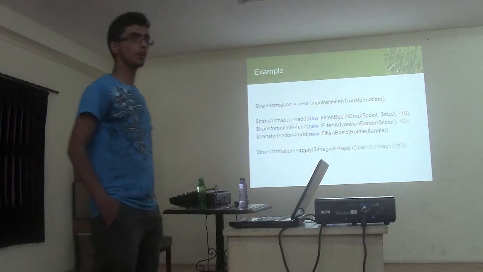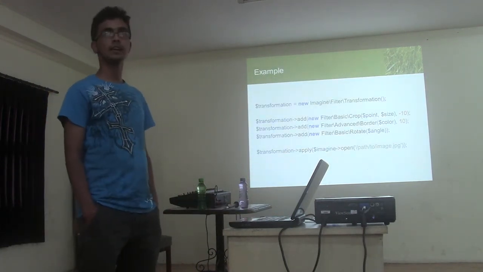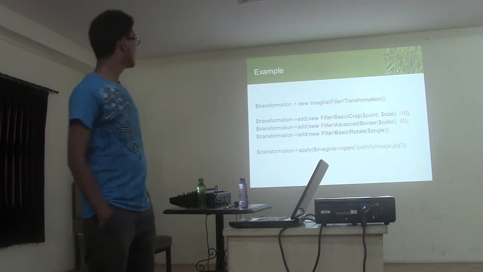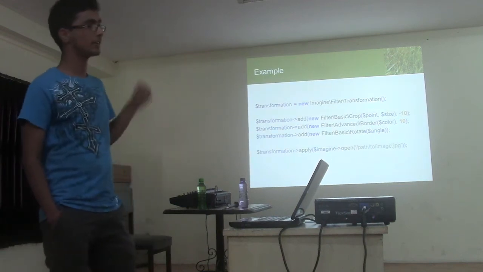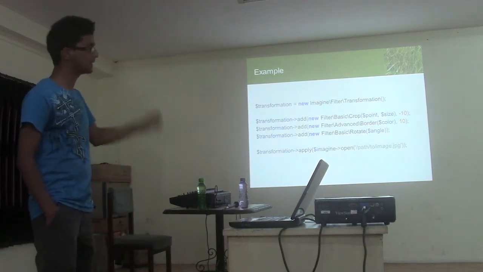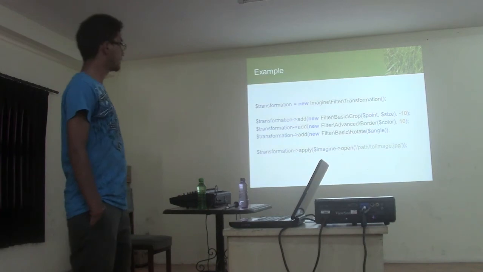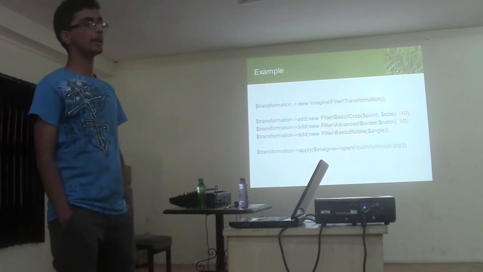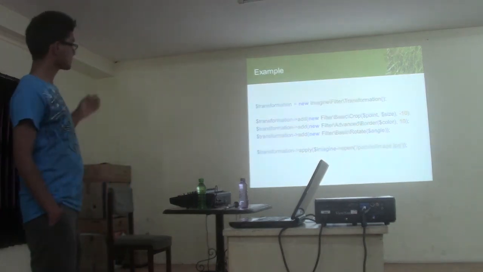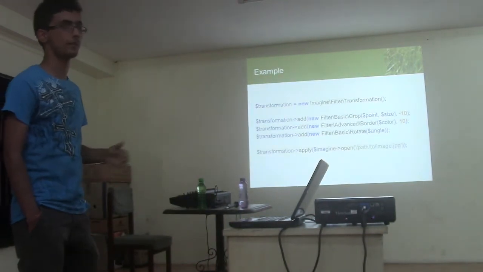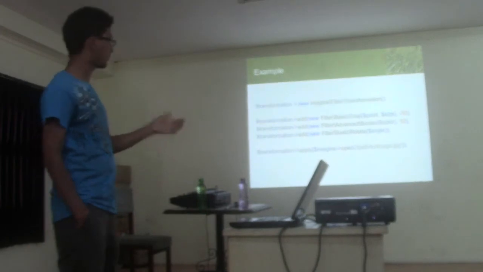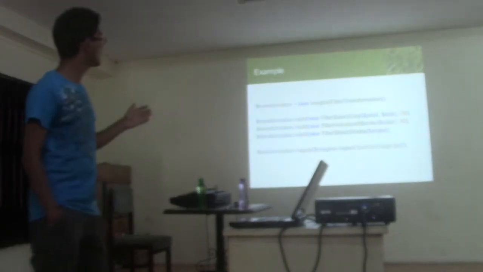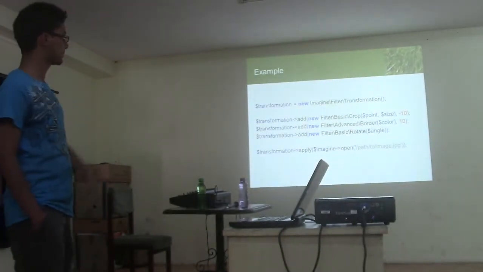This is an example of using a transformation. In the first line I have instantiated the transformation class, and after that I have attached three filters: one with a priority of -10, second with a priority of 10, and third with the default priority of 0. So until this point nothing has actually happened. After you call the apply method with an instance of an image object, this is where the actual image manipulation happens.